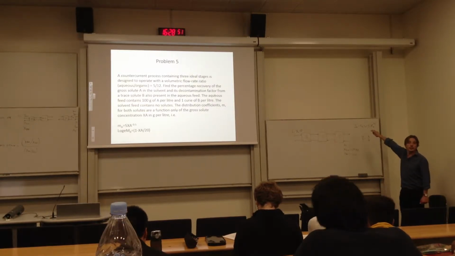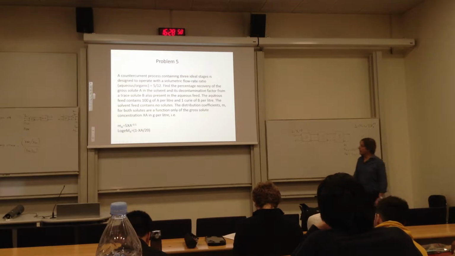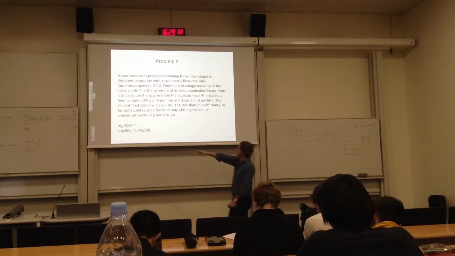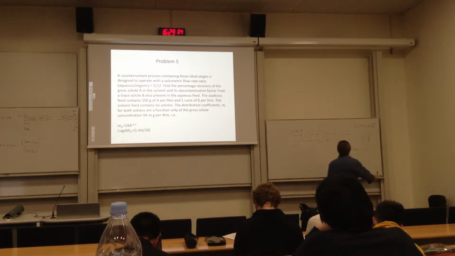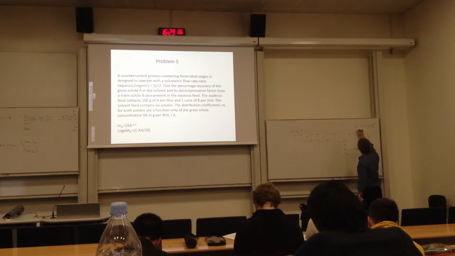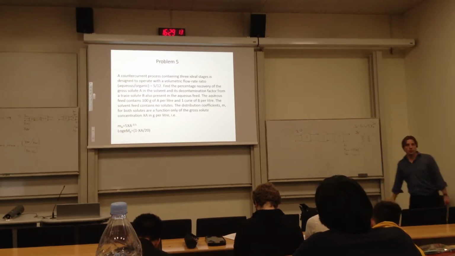So do you agree that this is the equilibrium for A? We also have a value for B. So how do you write YB as a function of XB?